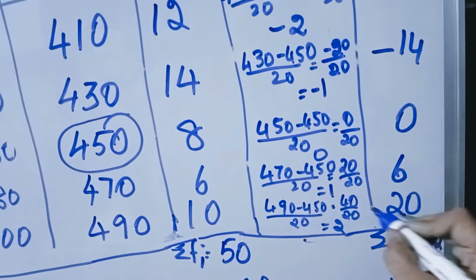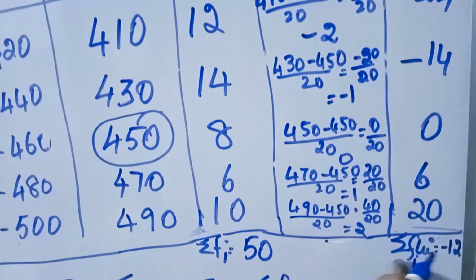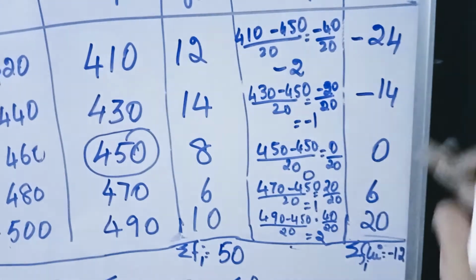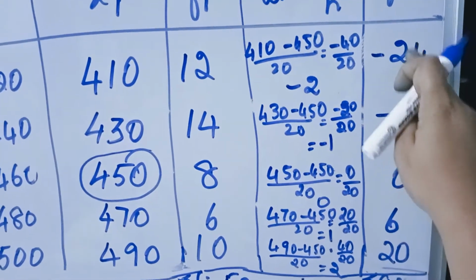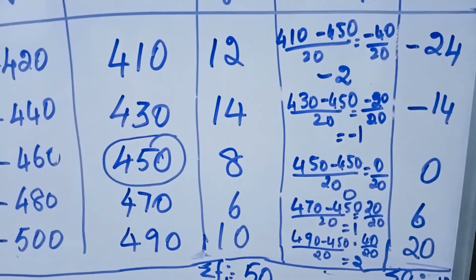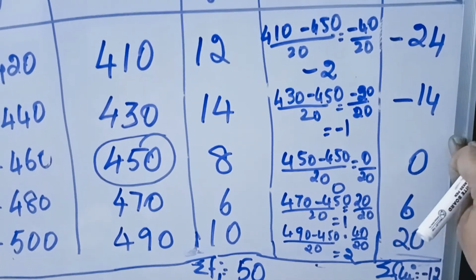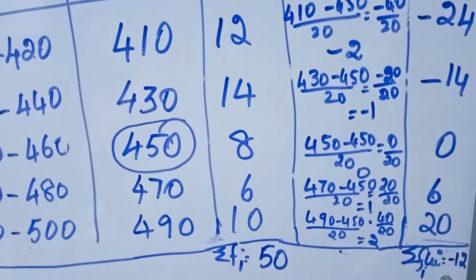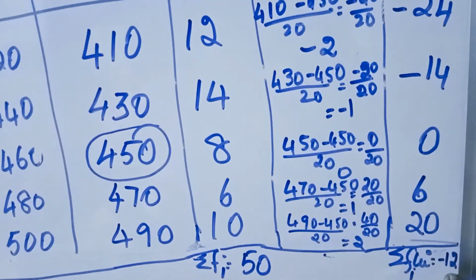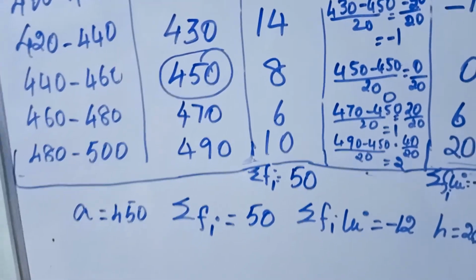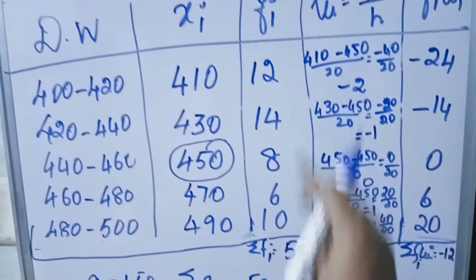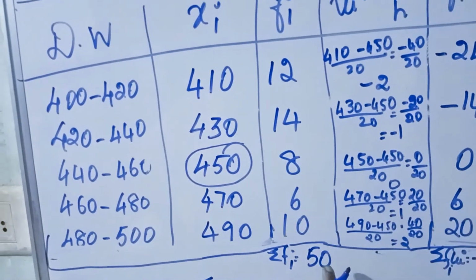Now you have to find the sigma Fi ui value. For that, you first add the minus values: 24 and 14 is 38, so minus 38, plus 26 equals minus 12. If you subtract, the answer is minus 12. In the same way, you find sigma Fi, that means you add the Fi values. Sigma Fi is equal to 50.